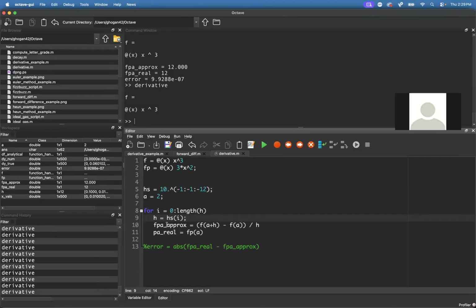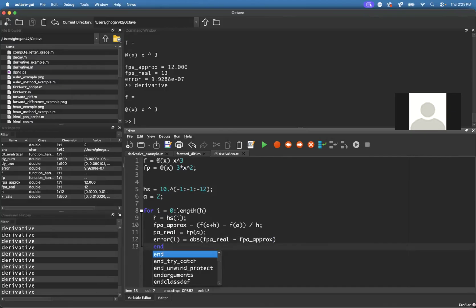After I do that, I will calculate this approximation. I will calculate the real value. We don't really need to calculate the real value every time, but I'll do it anyway. And then I want to save the error somewhere. So let's calculate the error like this, but maybe we'll do error(i), and we'll calculate the error.